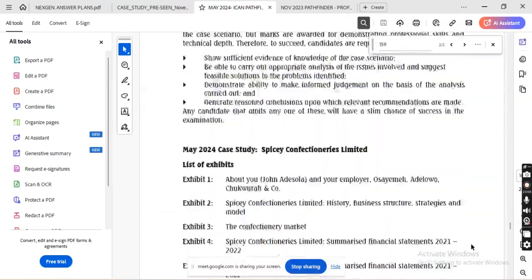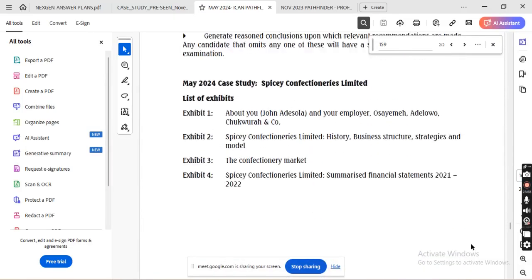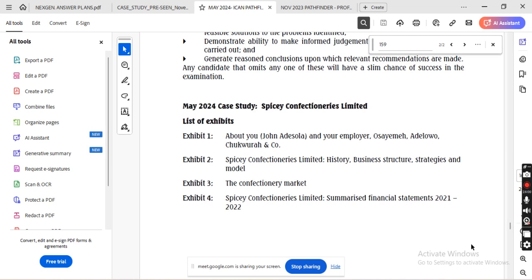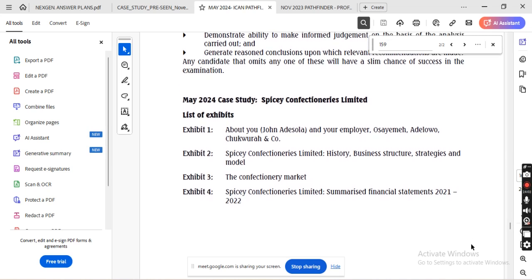So let's quickly check. Okay, now let's check this. May 2024 case study, Spicy Confectionaries Limited. List of exhibits.